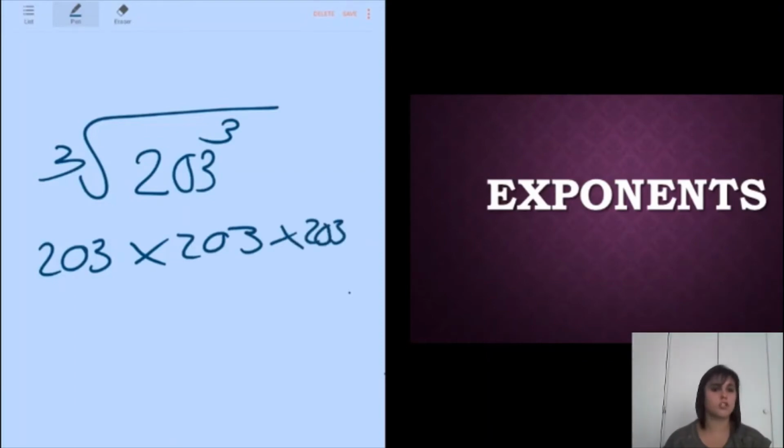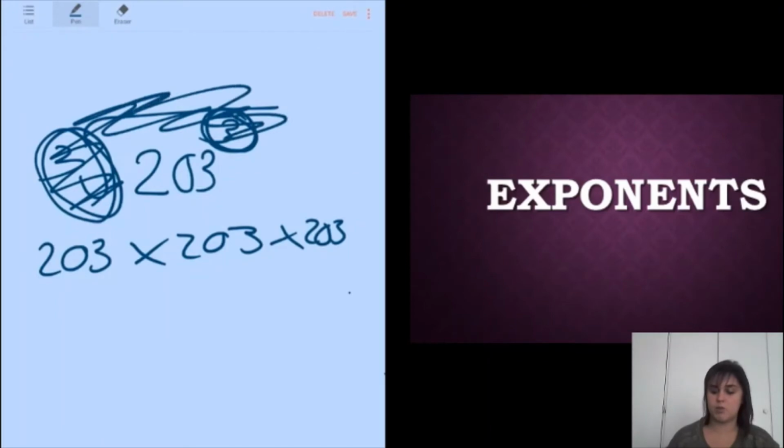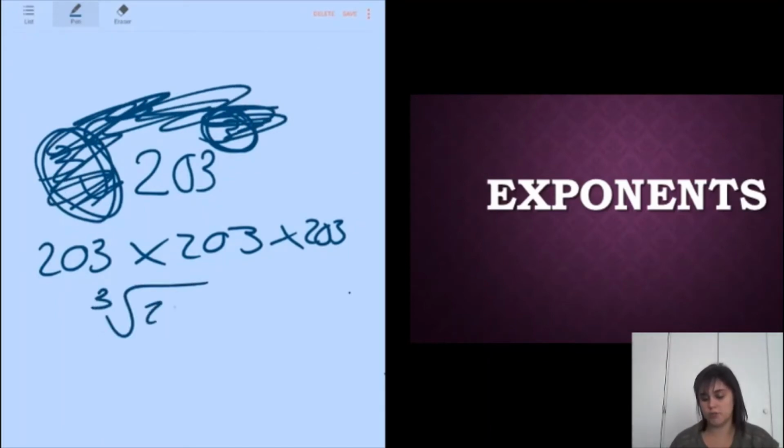Once again, it's going to take you forever, and then to go back again, it doesn't make sense to do it that way. You know that cube numbers and cube roots are inverse operations. So there's my cube root, there's my cube number. They're inverse, they're opposites, they will cancel each other out. So the cube root of 203 cubed will be 203.